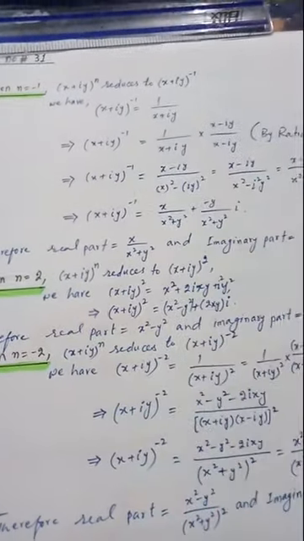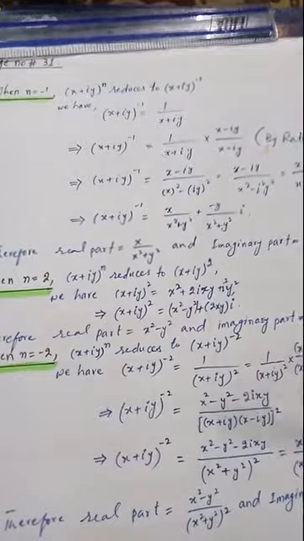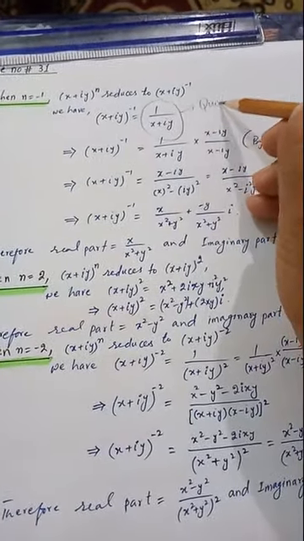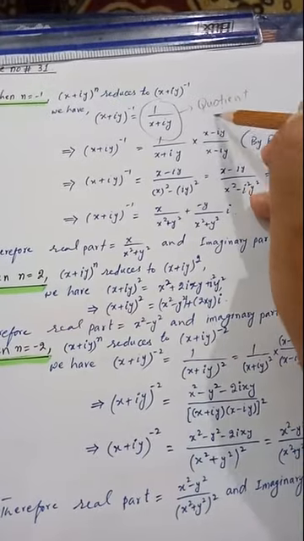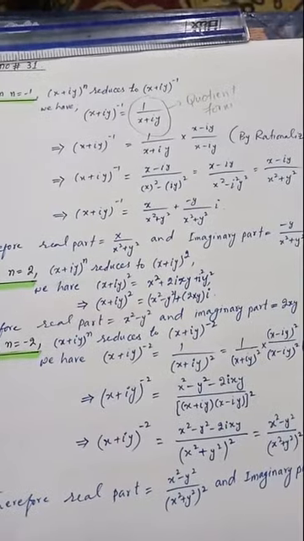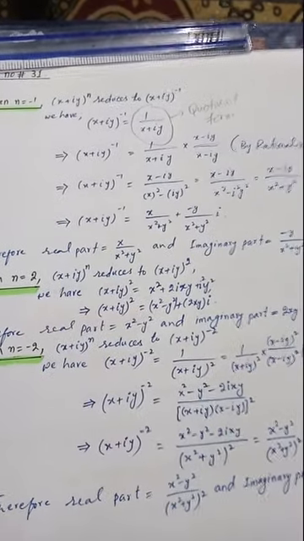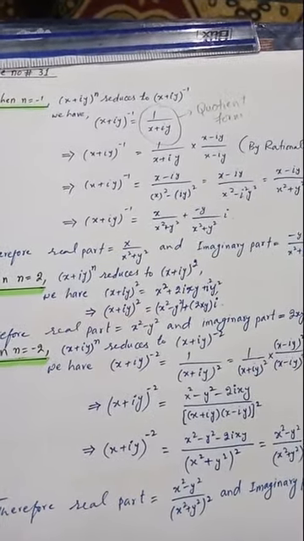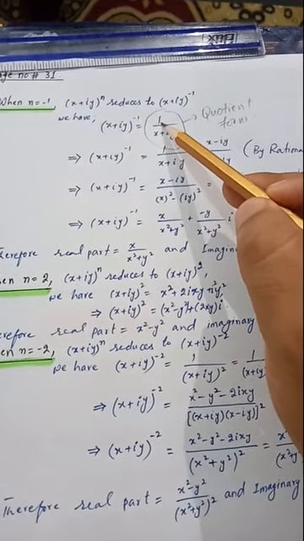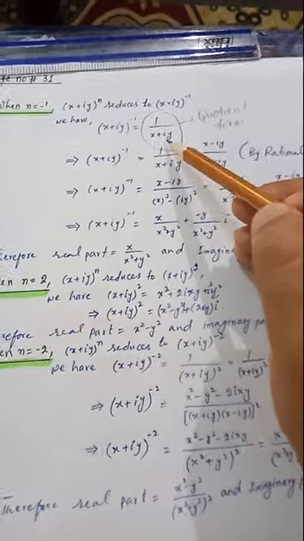This is now the quotient form, and in this quotient form the numerator is a complex number in which the imaginary part is 0. So this is a pure real number, although it is a complex number. 1 is a complex number, but its imaginary part is 0, so that's why it is a pure real number. And x plus iota y is a complex number.